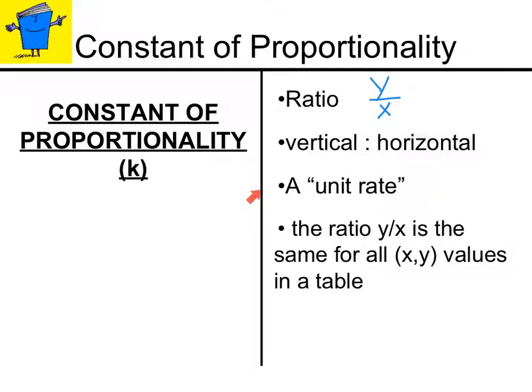It's also a unit rate. Think back to our first example where I started everything with a unit rate of $25 in 1 week. And the ratio of y to x is the same for all the x and y values in a table. We're going to look at how this constant of proportionality shows up in each of the 3 parts of a function: in the tables, graphs, and in the equations.